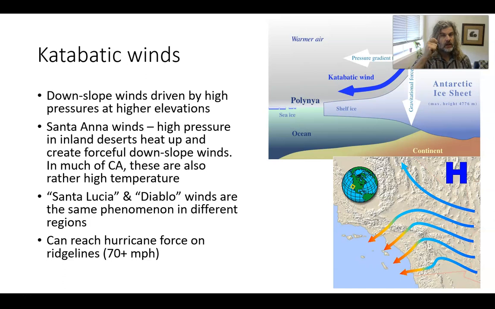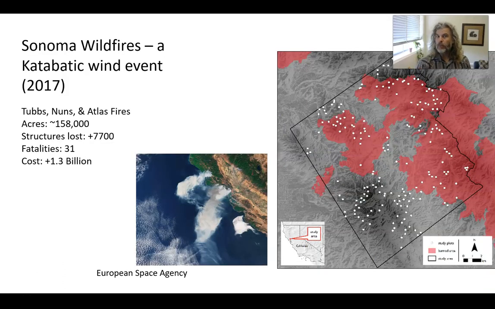Hot winds, they're dry, and those winds can move really fast. The event that I like to point out is the Sonoma wildfires of 2017. This was an adiabatic event, and it was really scary and extremely tragic. Massive number of acres burned, many structures lost, staggeringly high cost in terms of lives and property.